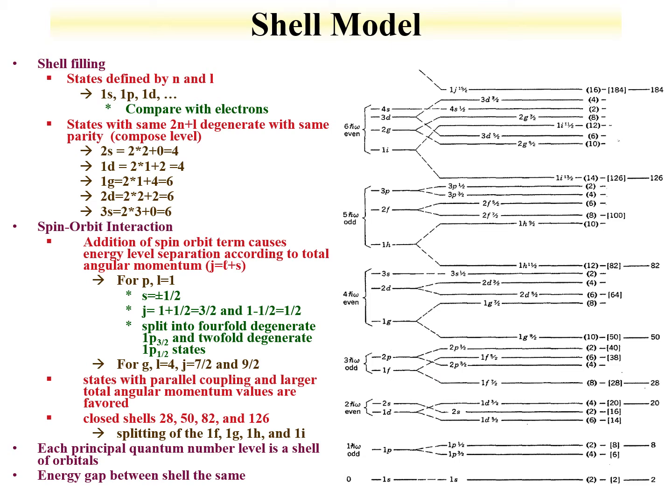For degenerate states, if I take 2 times n plus l, those with the same number will be degenerate and grouped together. For 1s, n would be 1, l would be 0.